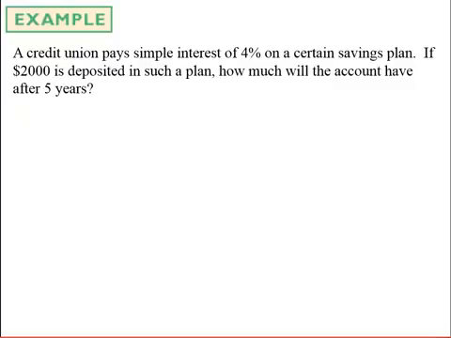So a real quick illustration of this idea of simple interest is the following, right? So it says a credit union pays simple interest of 4% on a certain savings plan. So if $2,000, that's my principal, right, is deposited into that plan, how much will the account have after 5 years? So if we're going to do the simple interest, we're going to apply that simple interest formula.